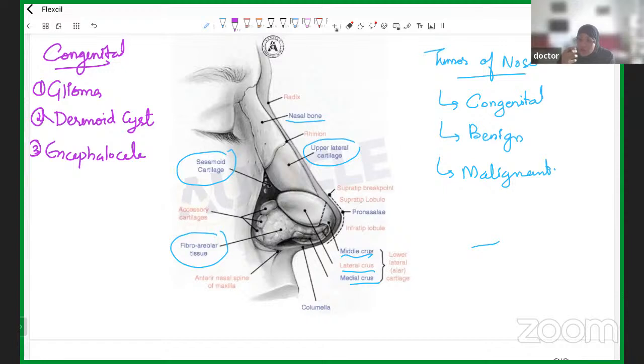Swelling will show cough impulse. So when they cough, that defect will pulsate. Okay. So of course you'll have to treat this neurosurgically. But just remember that encephalocele is herniation of the brain through the nasal bony defect. Now, glioma is when that portion is nipped off. Okay, that will lead to glioma.